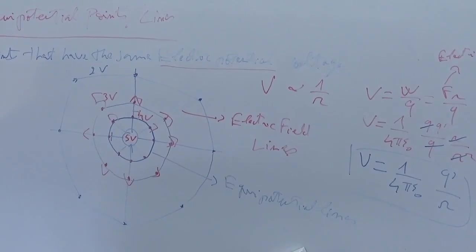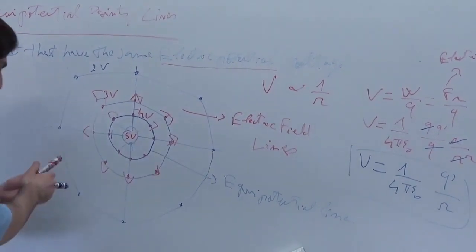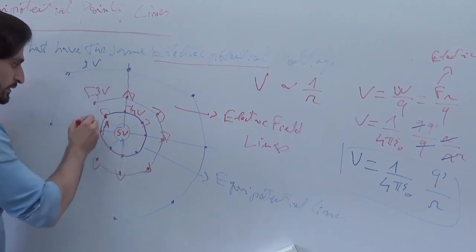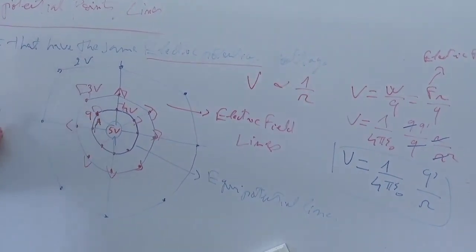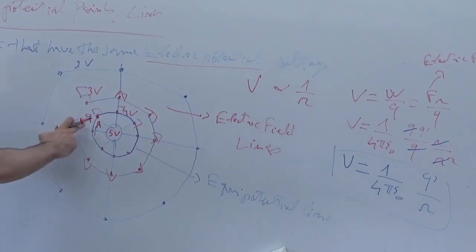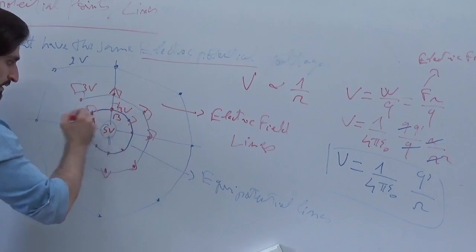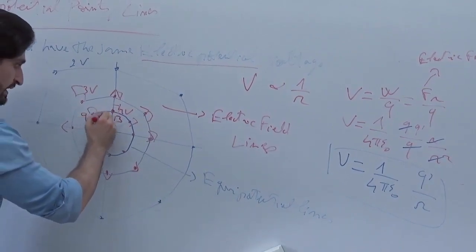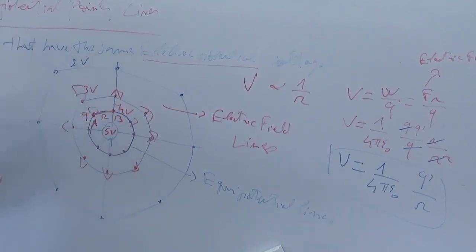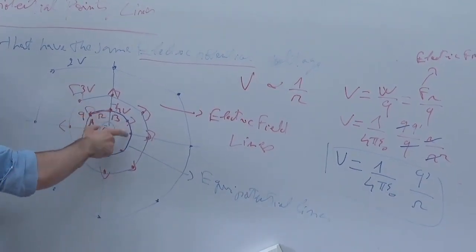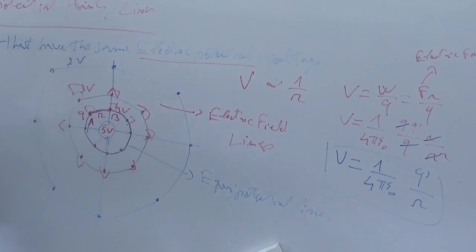The second property would be, let's consider that at that point over here, let's call it point A, you have a certain charge Q. And you want to move Q from point A, let's say, until point B over here, where the separation between them is R. So we are moving Q from point A to point B along the same equipotential line, which is of 4 volts.